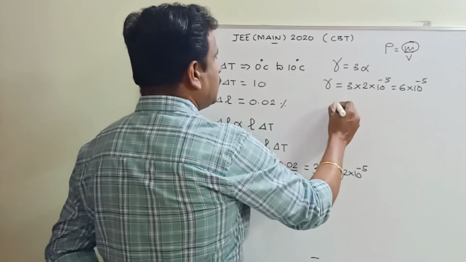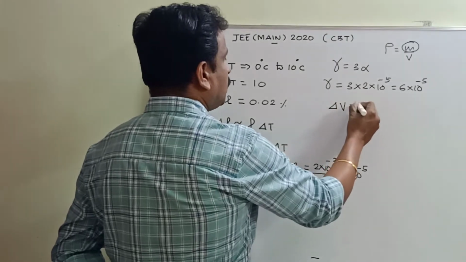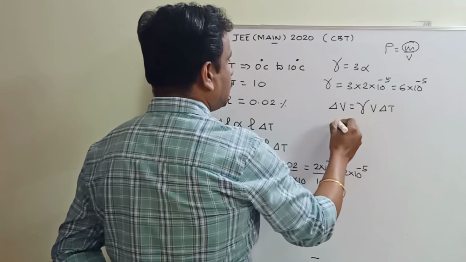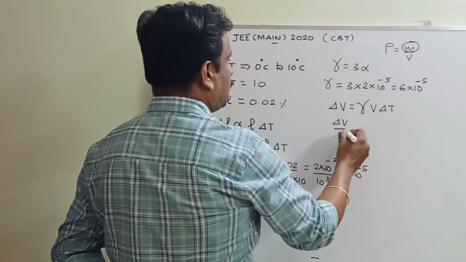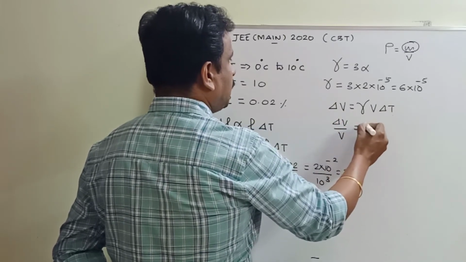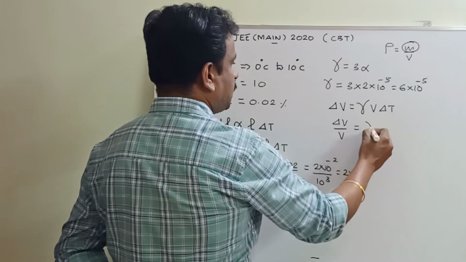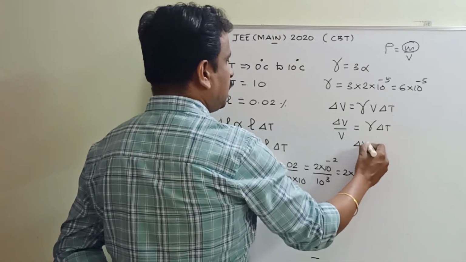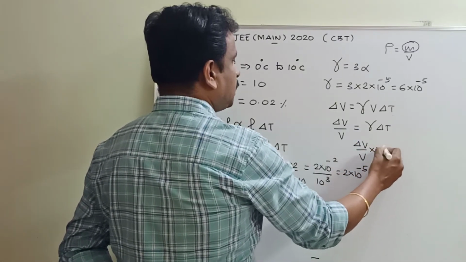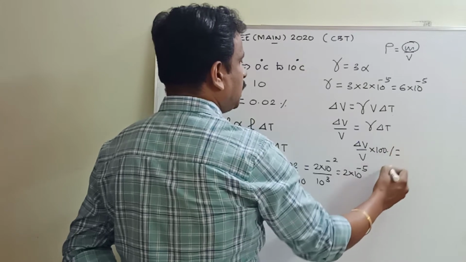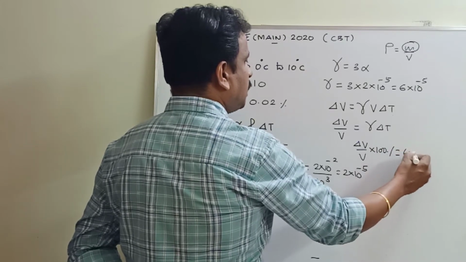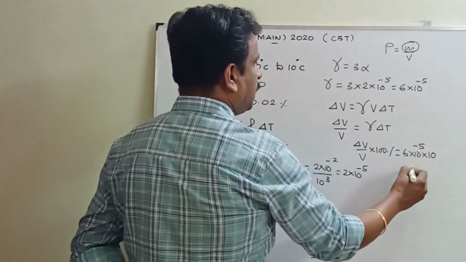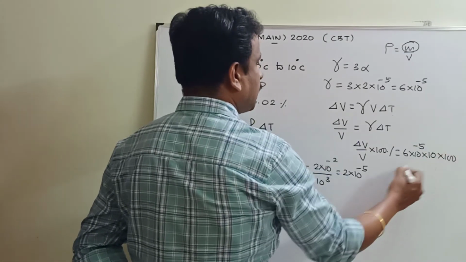Now, what is delta V? Delta V is equal to gamma into V into delta T. Therefore, this delta V by V, the volume expansion percentage, we first have to find out. It is equal to gamma into delta T. If you want to express it in percentage, delta V by V, that is the percentage of expansion in volume, is equal to gamma 6 into 10 to the power of minus 5 into the change in temperature 10, into 100 for percentage.